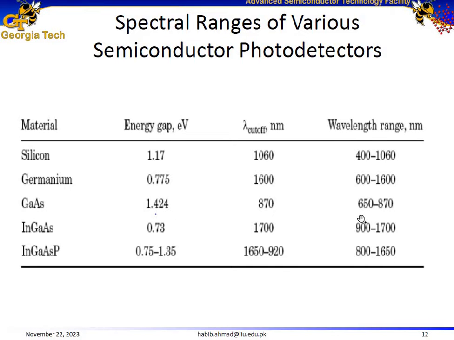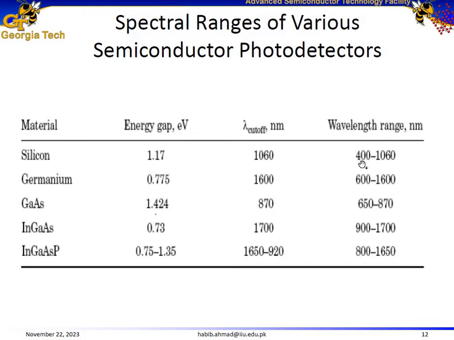For gallium arsenide, it's in the range of 650 to 870 nanometers. For germanium, it's in the range of 600 to 1600 nanometers. Germanium and indium gallium arsenide based photodetectors are mostly suitable for communications, where a wavelength around 1500 nanometers is required.